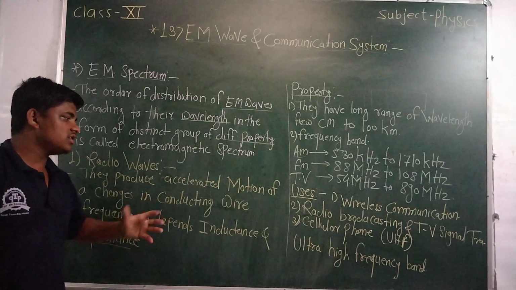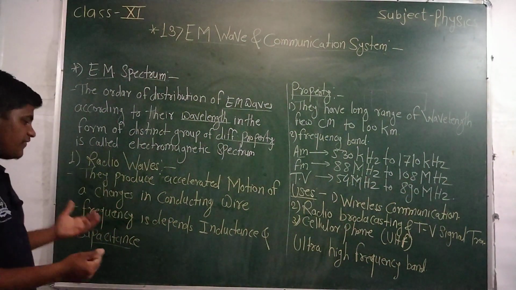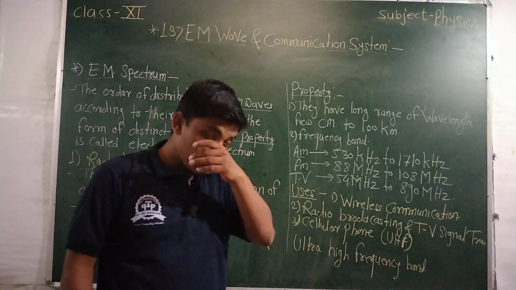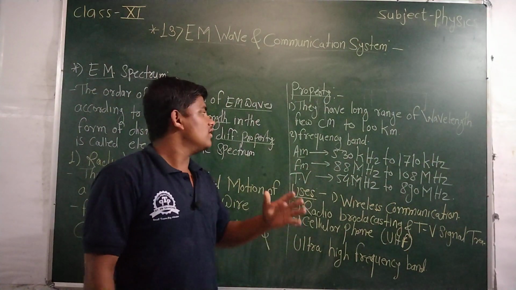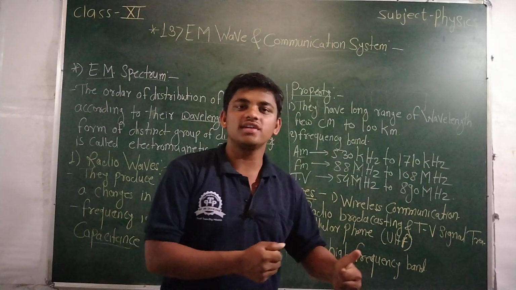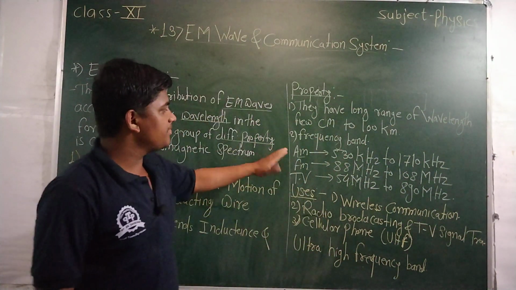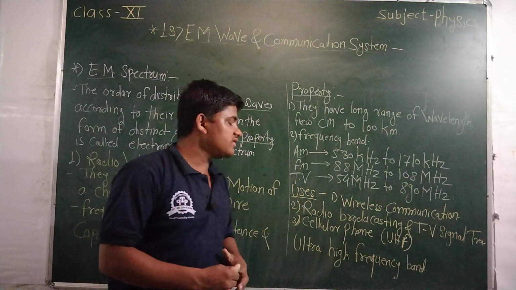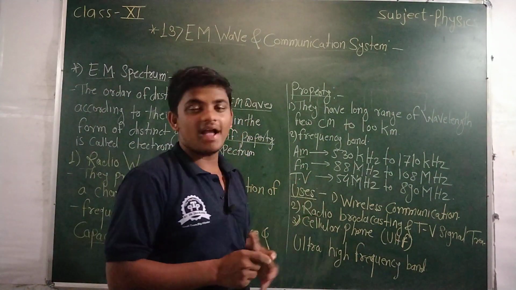This is all about radio waves. They are produced by the accelerated motion of charges in conducting wires. The frequency depends upon the inductance and capacitance in the circuit. They have a long range of wavelength, from a few centimeters to 100 kilometers. The frequency bands of AM, FM and television signals range from kilohertz to megahertz.